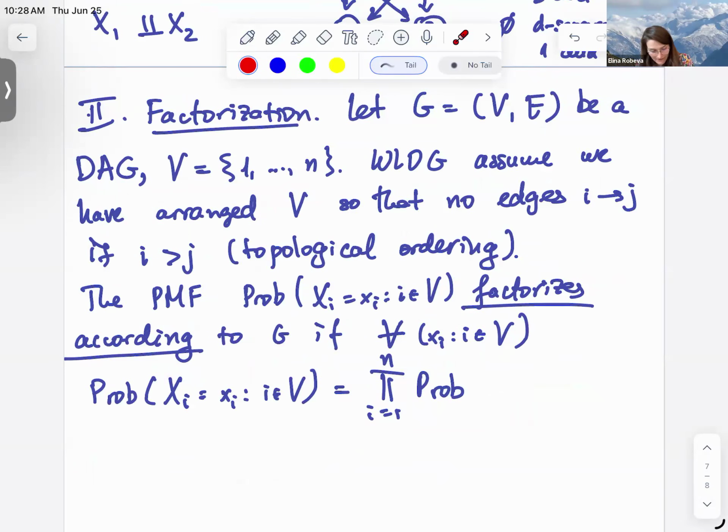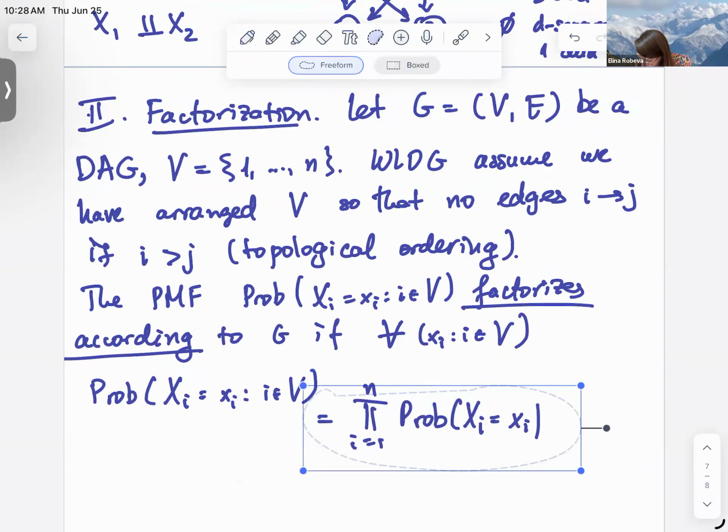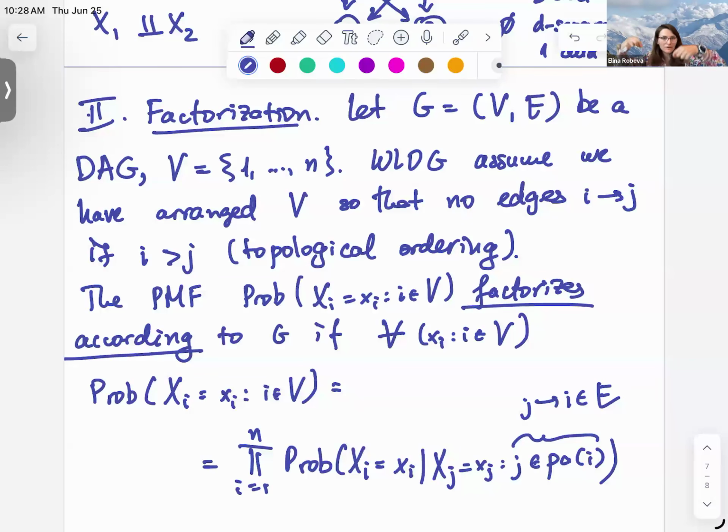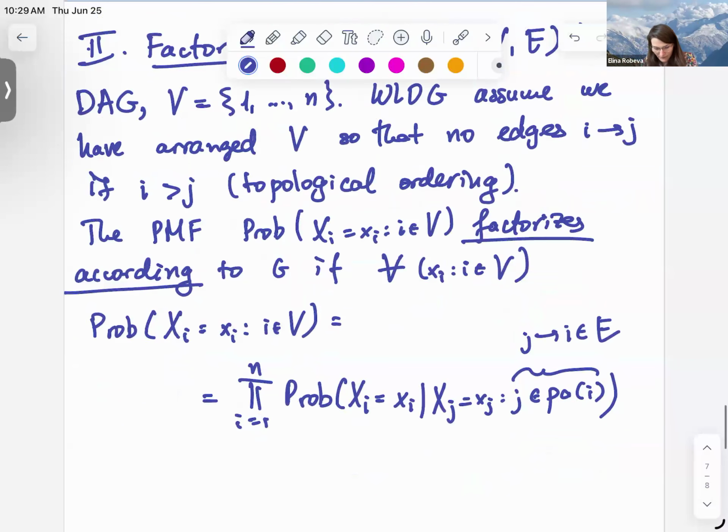It factorizes as the probability that X_i equals little x_i given X_j equals little x_j for j a parent of i. What is a parent? It means j points directly to i, so that's an edge. Parents are just the direct edges pointing to the vertex.